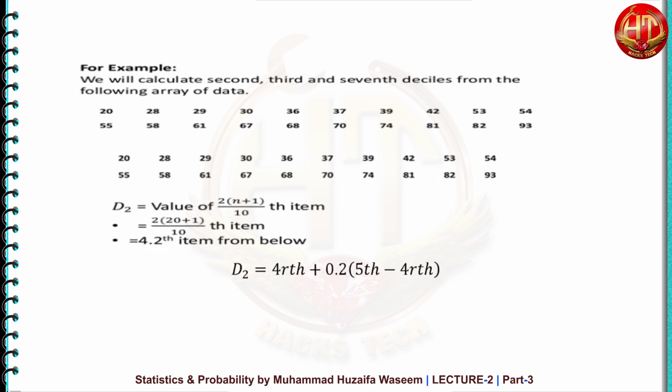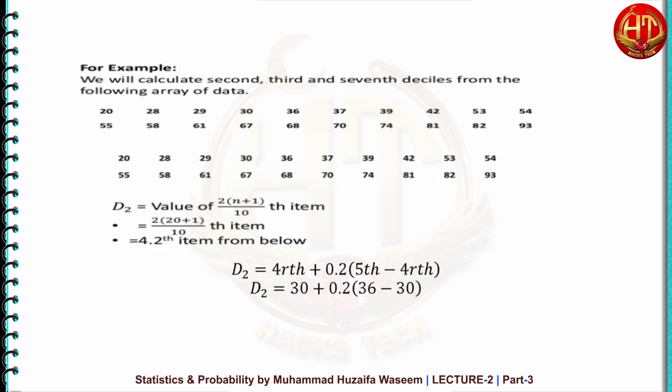So how can you calculate it? Fourth item plus 0.2 times fifth item minus fourth item in the given series. What is your fourth item value, which is 30, and fifth item value, which is 36.